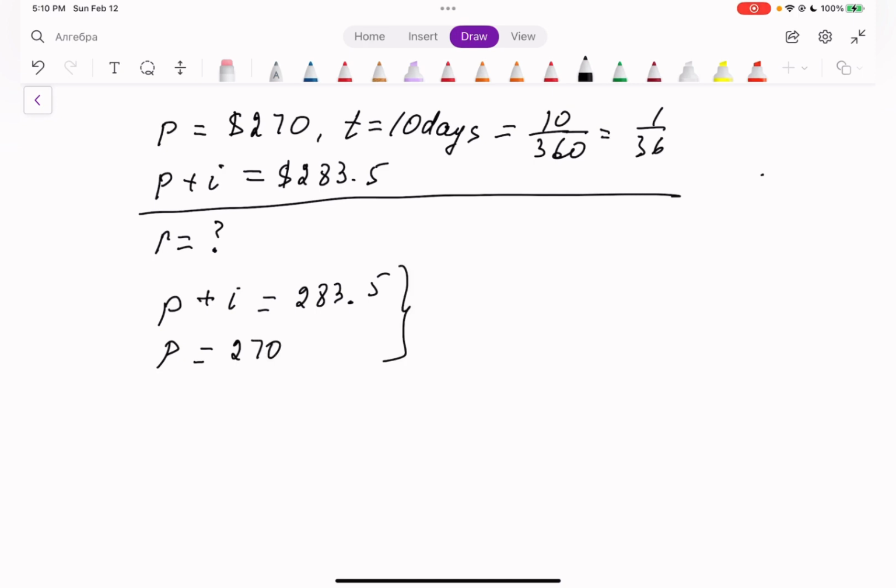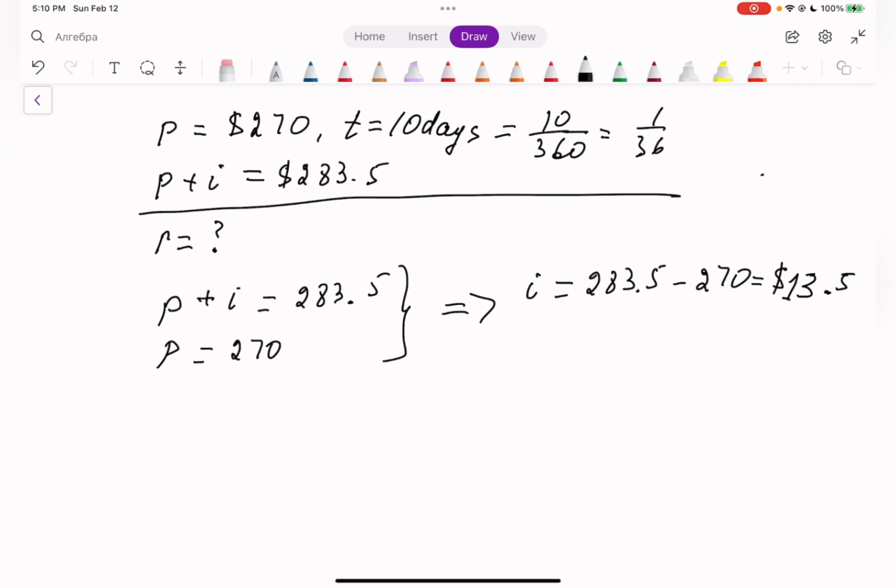So from here, I can find the interest, right? That will be equal to 283 and a half minus 270. That is going to be $13.50. She paid $13.50 interest.